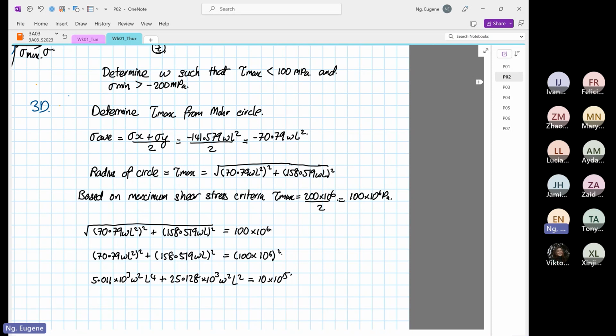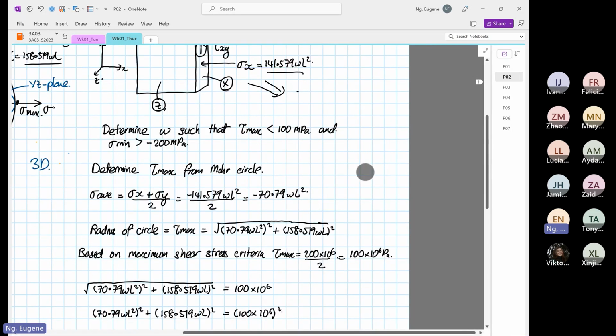So you will see that one equation, two unknowns, and the terms over here, you have omega squared L4 and omega squared L squared. What we are trying to do over here is to determine what? If we go back to the question, we are trying to determine omega, and we know omega is related to the length.